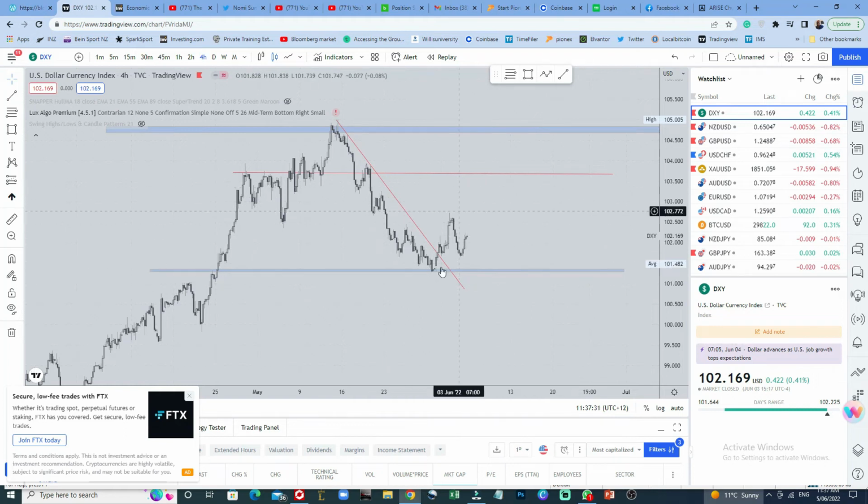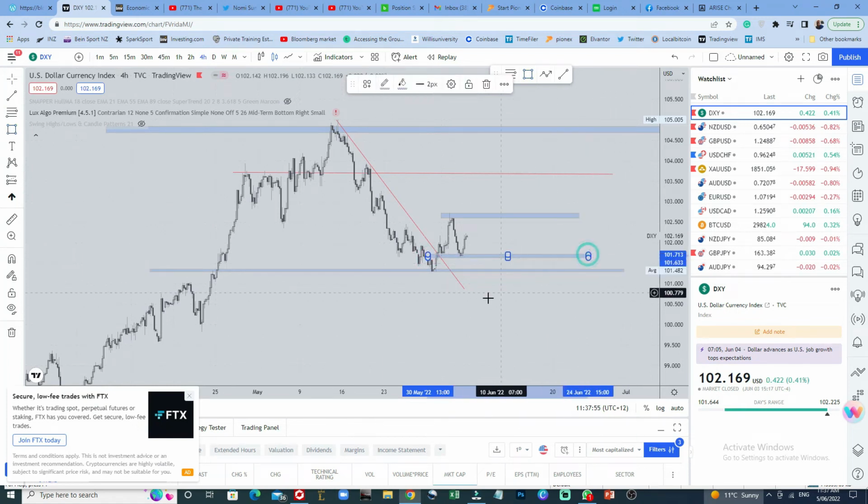When you focus on this area, you can see another minor structure on top here, in between this wick here and this point here. Then you also have a structure under here, on the 4 hours, remember.